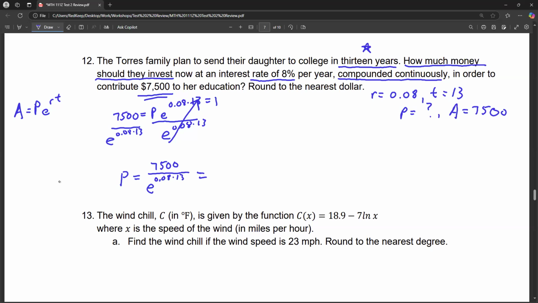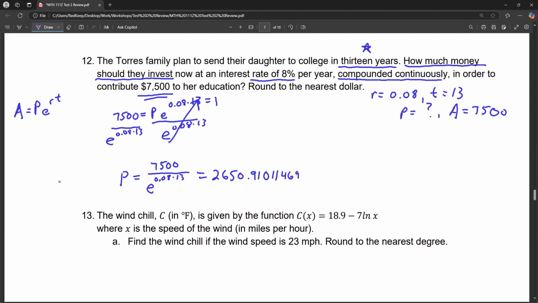I punched this into my calculator earlier, and my calculator got 2,650.910. Just for clarity, I'm writing out what my calculator shows; it might vary from yours.